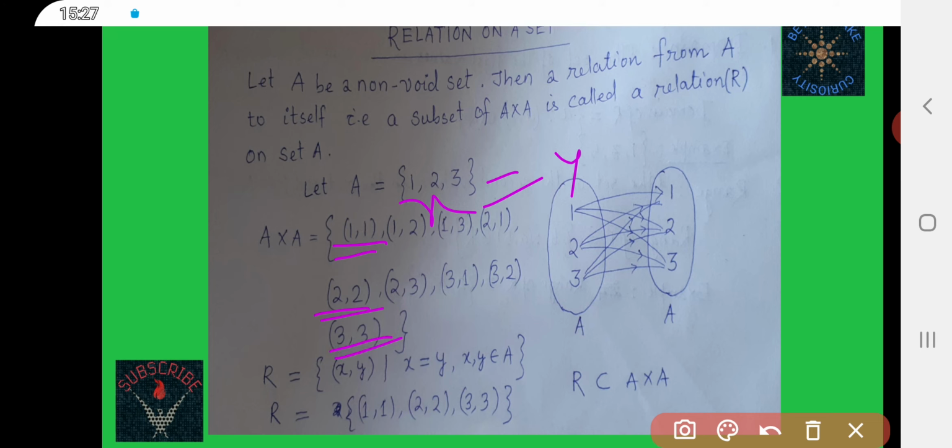These are the elements of relation R. So R is a subset of A cross A, so we can say relation R on the set A.